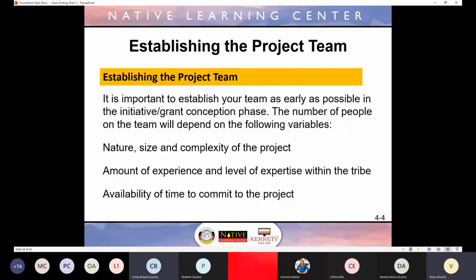All right, I talked about establishing the project team quite a bit. It's going to differ every time. You can't be a grant writer by yourself. We talked about that. You need to have other subject matter experts. So it depends on what the initiative is, right? If it's housing, you're going to have a different group of people. If it's infrastructure, again, different people. If it's education and training, again, a different group.